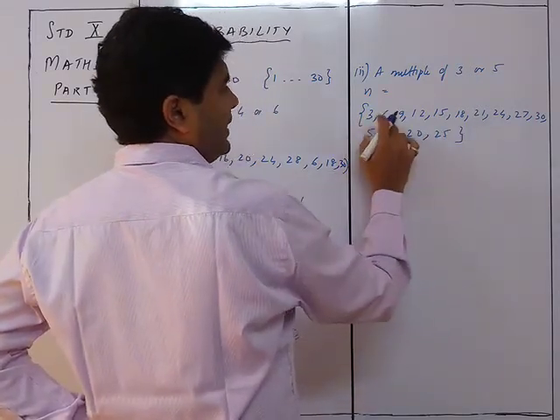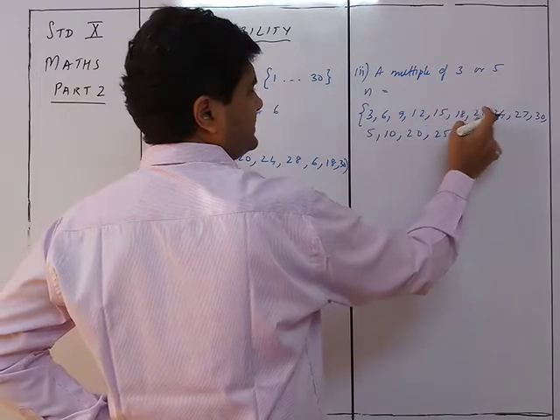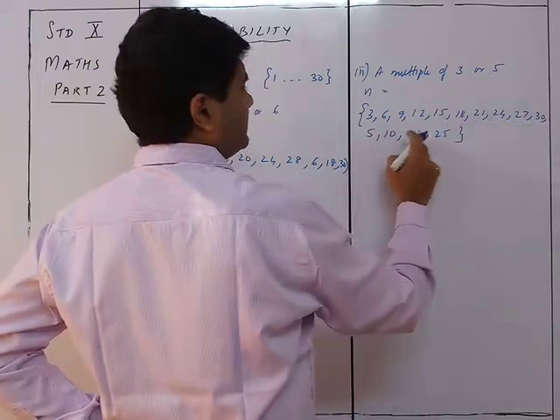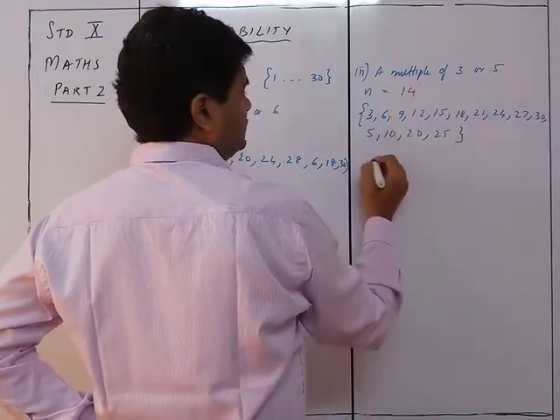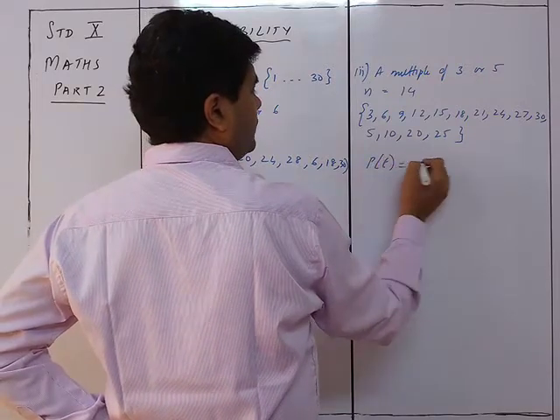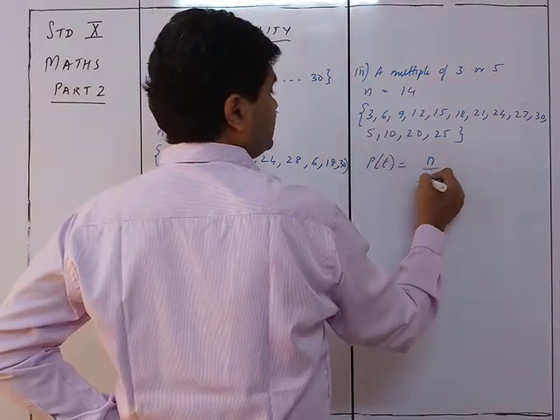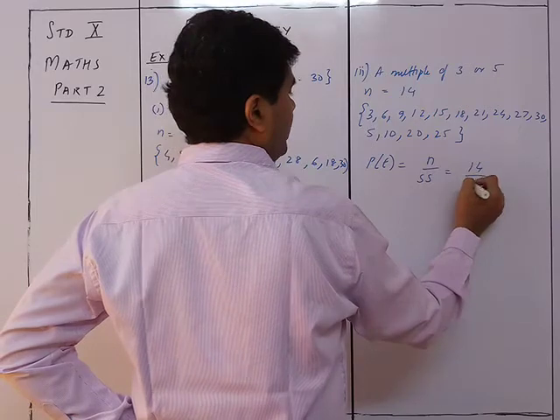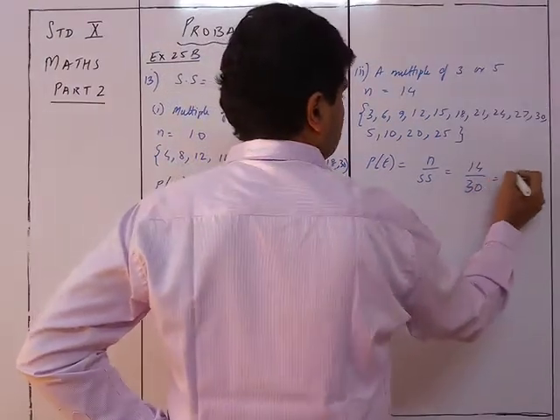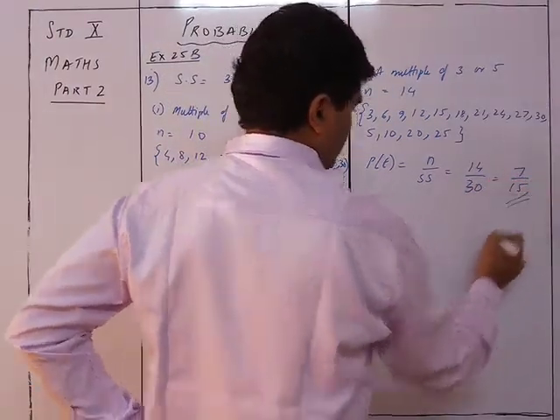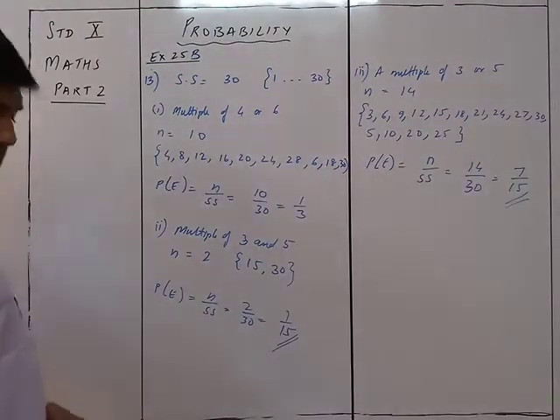So accordingly it will be 1, 2, 3, 4, 5, 6, 7, 8, 9, 10, 11, 12, 13, 14. So that's 14. So PE will be equal to n upon SS is 14 upon 30, which is 7 upon 15. So that was sum number 13.